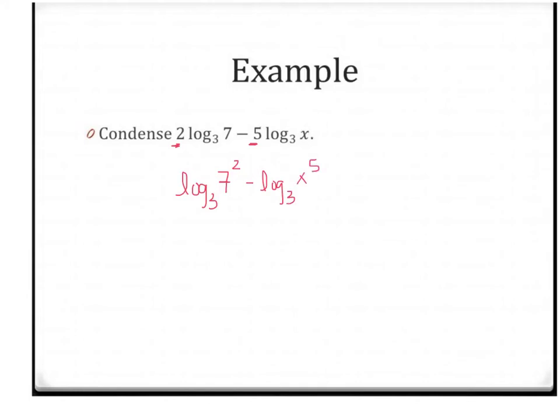And then because they're both log base 3's and we are subtracting, then we can go ahead and bring this together into log base 3 of 7 squared over x to the 5th. And let's do one more step and make this log base 3 of 49 over x to the 5th.